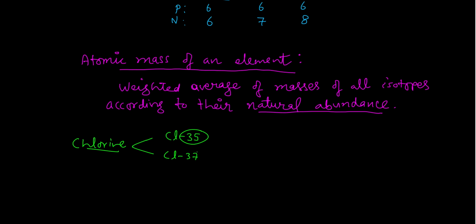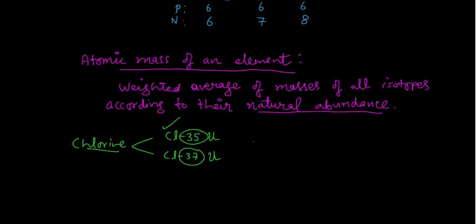They can be fractional because they are relative masses with respect to one carbon 12 atom. Just for simplicity, I am taking one isotope as 35 U, where U is the unified atomic mass unit, or AMU, atomic mass unit. So chlorine 35 has 35 U of atomic mass, and chlorine 37 has 37 U.